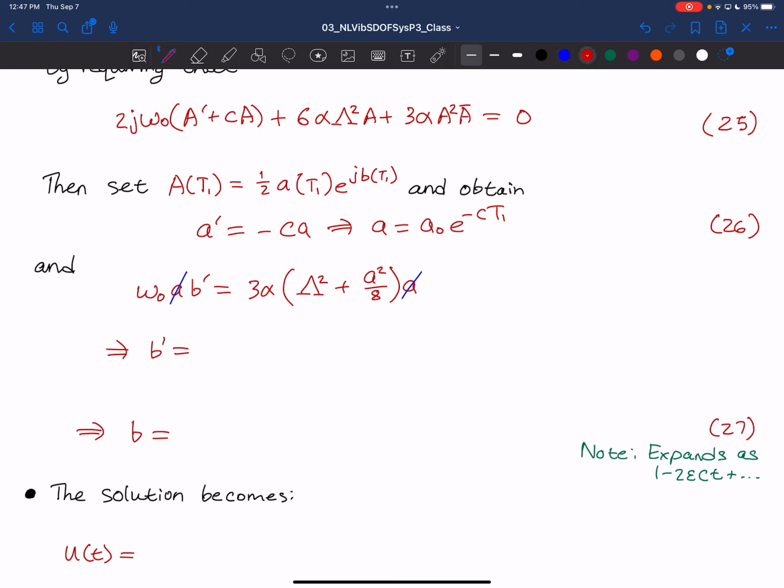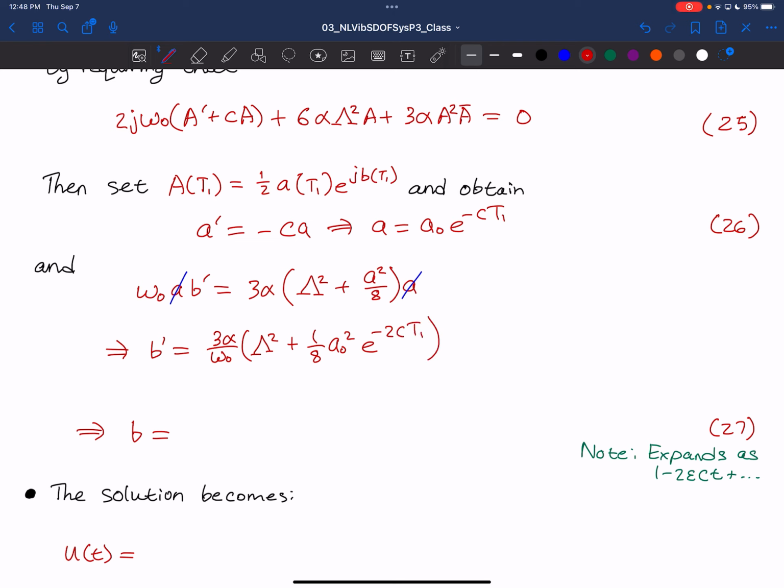And we'll get that b prime is equal to 3 alpha over omega 0 times lambda squared plus a squared over 8. And actually, let's substitute in what we found for a above. We'll end up with 1 over 8 times a0 squared times e to the minus 2c t1.